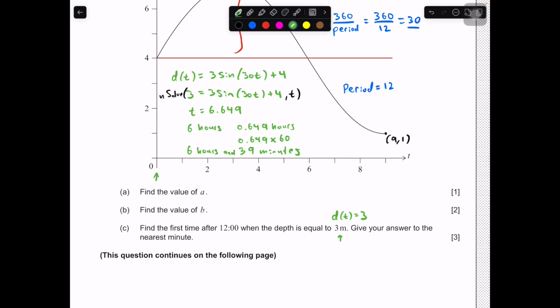Hopefully not too crunched. Alright, not too bad. Alright, 6 hours and 39 minutes. Find the time after 12 o'clock when the depth is equal to 3, well, 6 hours and 39 minutes after. Okay, I think that's good.